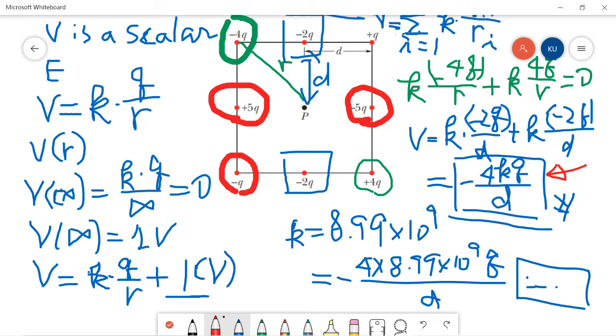However, if you already turn it into a number, and here Q still has its SI unit, D still has its SI unit, but this one doesn't have its SI unit. So you need to write the SI unit of the K here, so that it will be legitimately correct. So that's all about problem one.